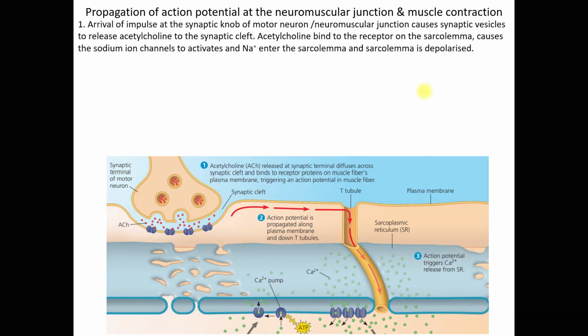Arrival of impulse at the synaptic node of a motor neuron, or neuromuscular junction, will cause the synaptic vesicles, you can see the synaptic vesicles here, to release acetylcholine. Mind the spelling, acetylcholine, to the synaptic cleft.